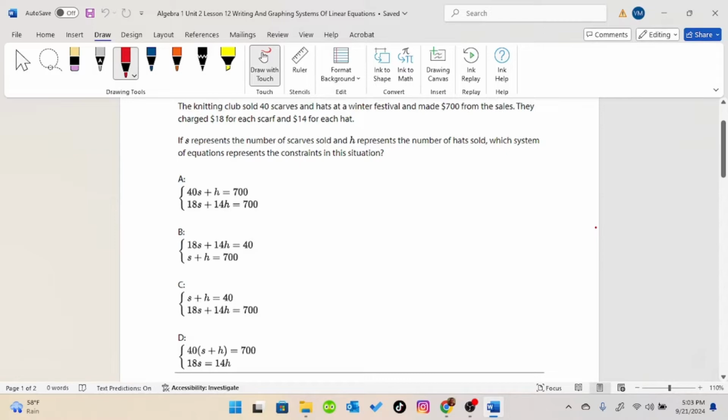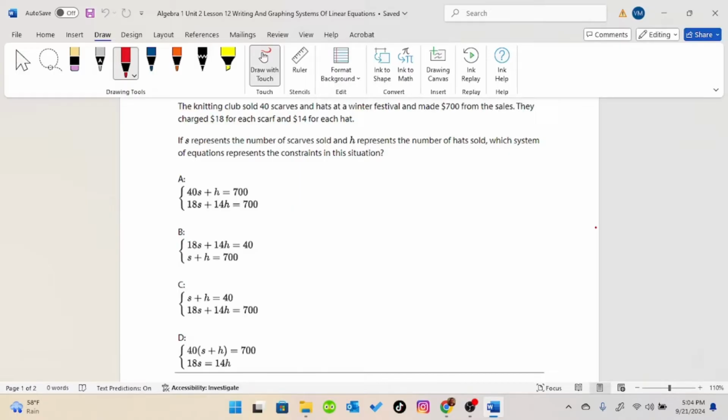Our first practice problem says, the knitting club sold 40 scarves and hats at a winter festival and made $700 from the sales. They charged $18 for each scarf and $14 for each hat.